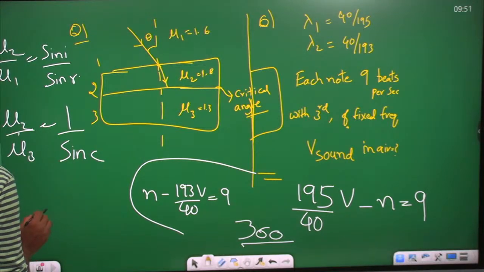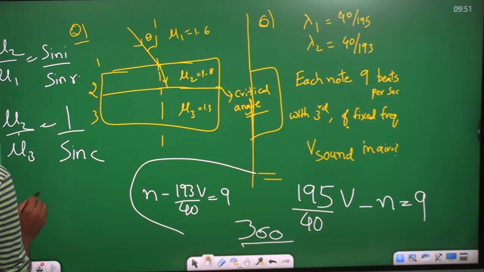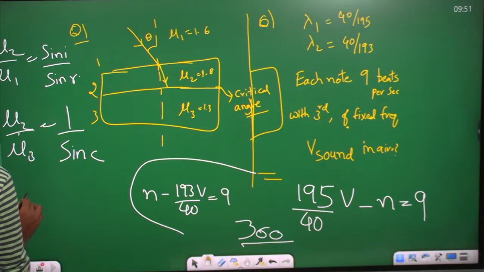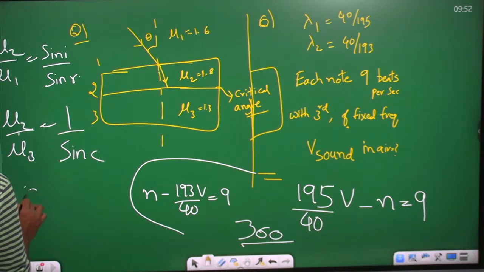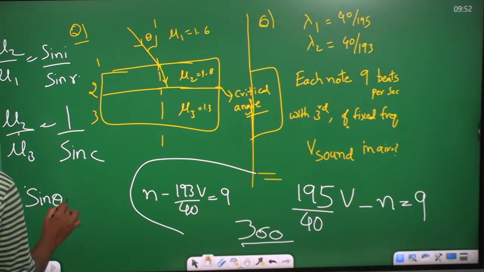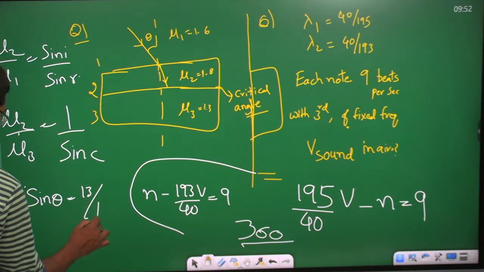So from these two equations we can make out theta is equal to C. So sin theta is equal to, you will get something as 13/16.